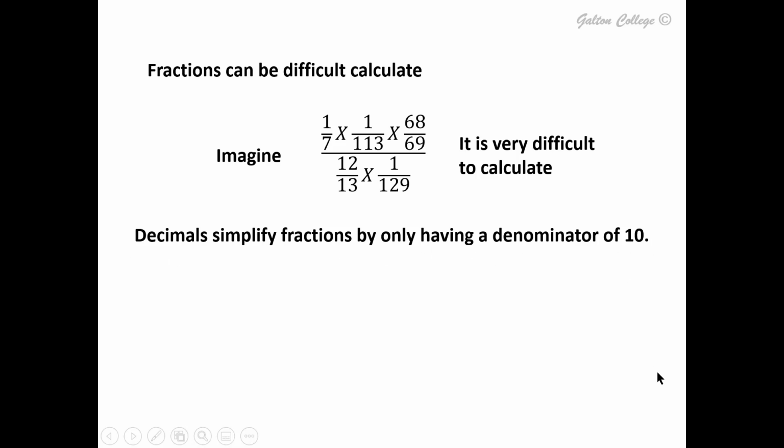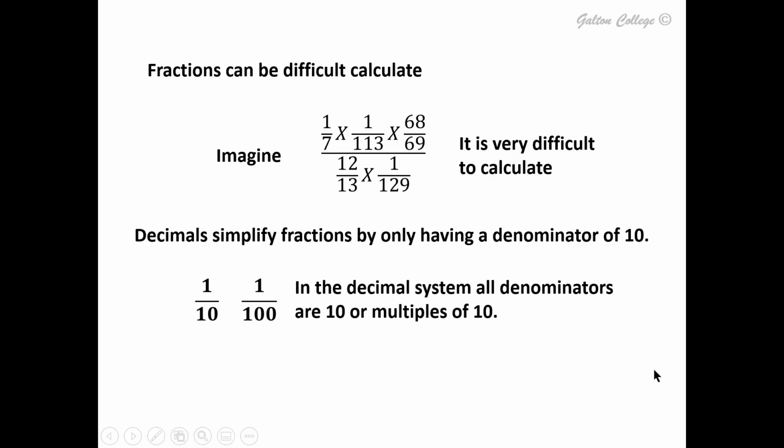So decimals standardize on 10, and the number 10 is easy to use. When we have denominators of 10 or 100 or 1,000, it starts to get easier because these are easier numbers to deal with. And they're all the same. Decimals are all based on tenths.